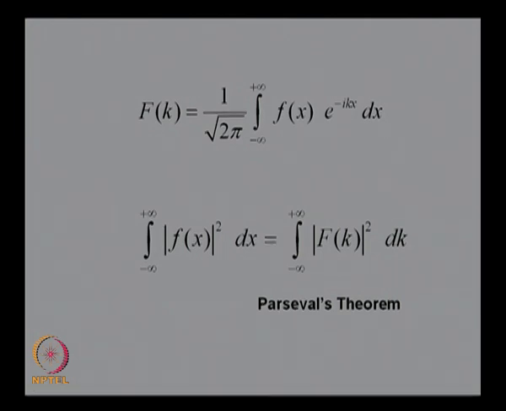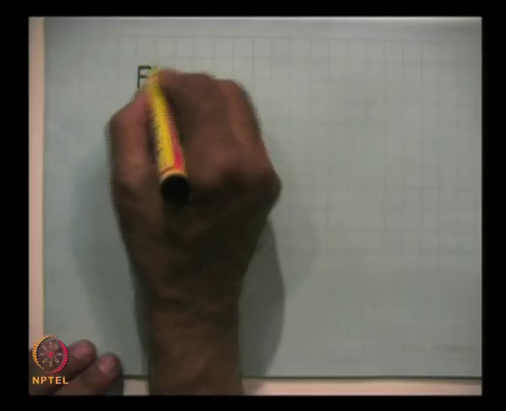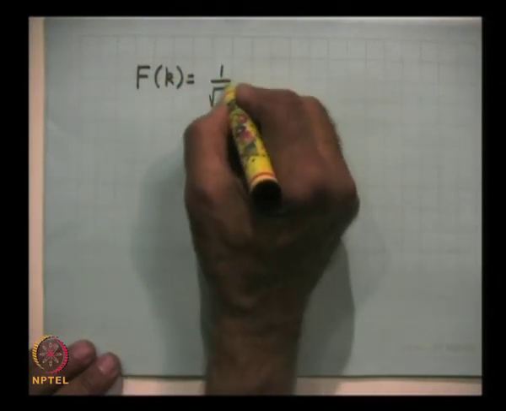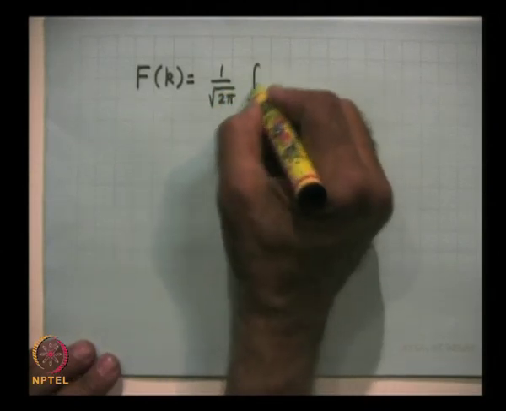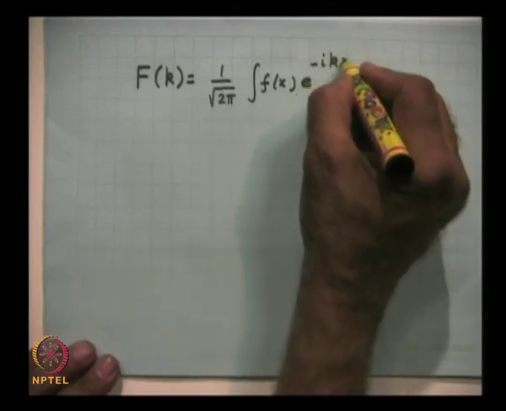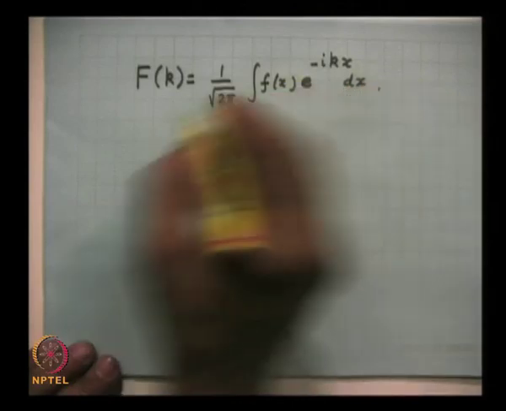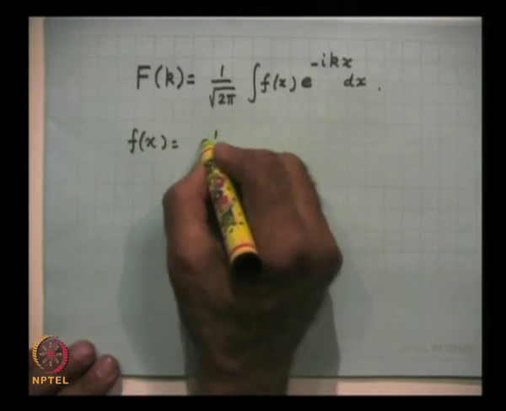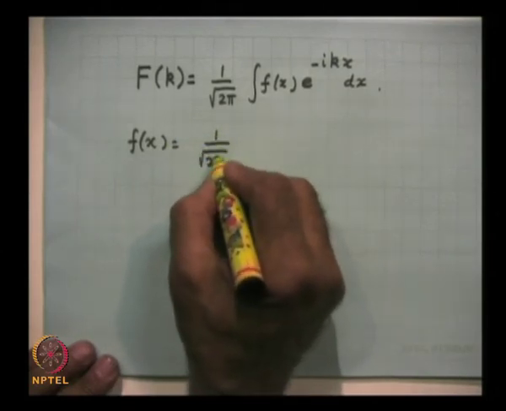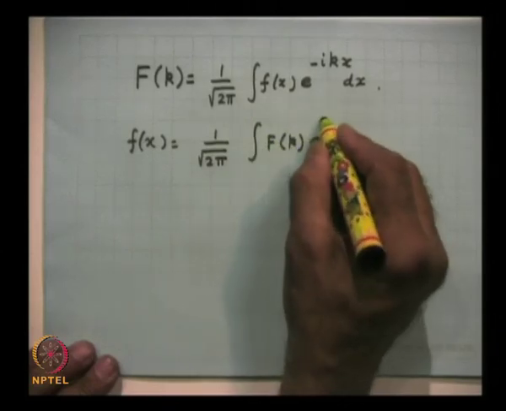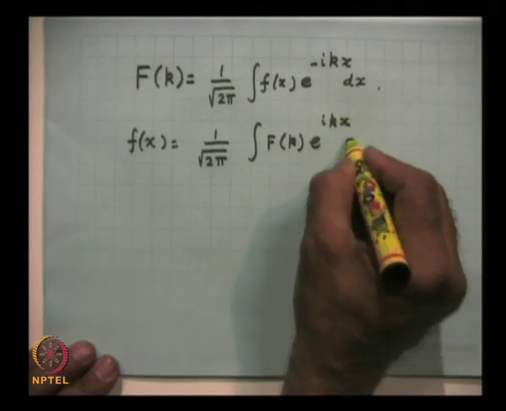So, let us suppose f of k is equal to 1 over under root of 2 pi times the integral of f of x e to the power of minus i k x dx. All limits are from minus infinity to plus infinity. Therefore, f of x is equal to 1 over under root of 2 pi times the integral of f of k e to the power of i k x dk.